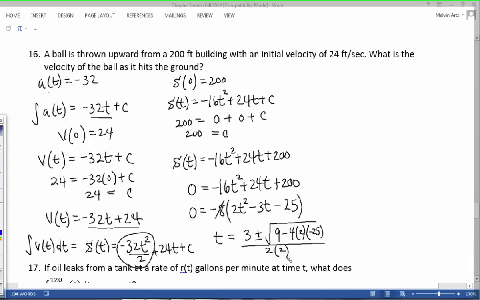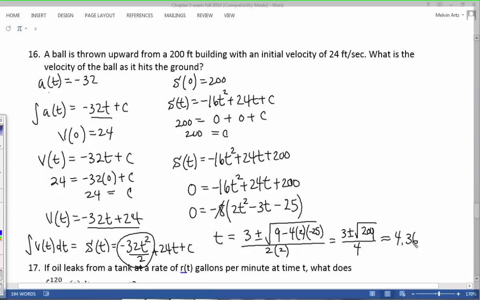And if we simplify that, we would get 3 plus or minus the square root of 209 all divided by 4. We wouldn't take the negative value, we'd get a negative time. So if we estimated that with a decimal, it would be 4.36 approximately. That's how long it took for the ball to hit the ground.